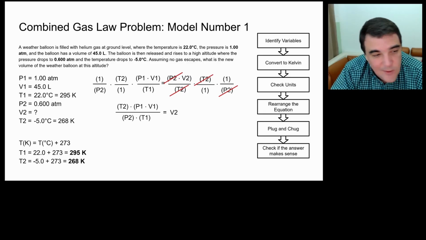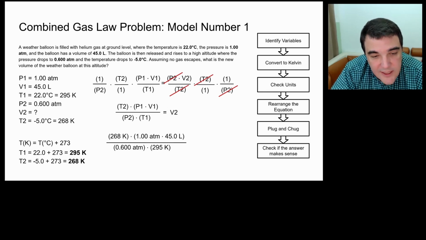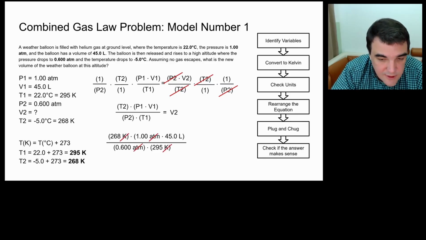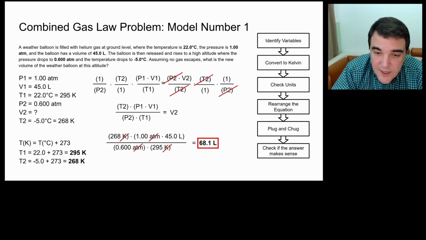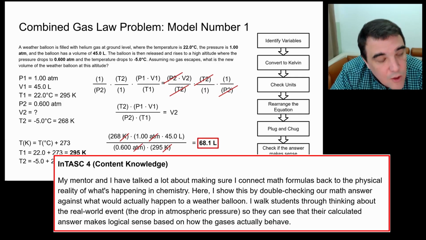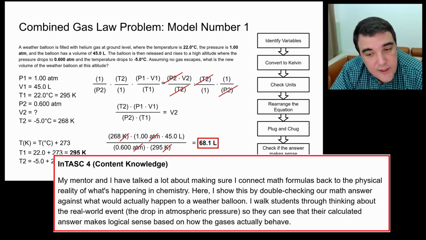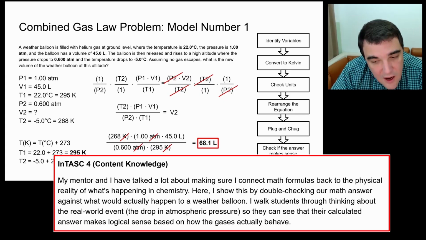All right? Now we plug in our values and we double check that we write everything correctly and we have the units correct. Then we cross out the units and double check that our answer will be in liters. And the calculator gives us 68.1 liters. Does that make sense? Our initial volume was 45.0 liters. So we've had a pretty big increase, right?